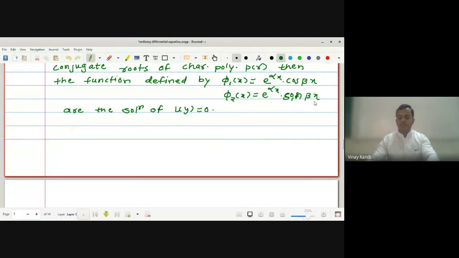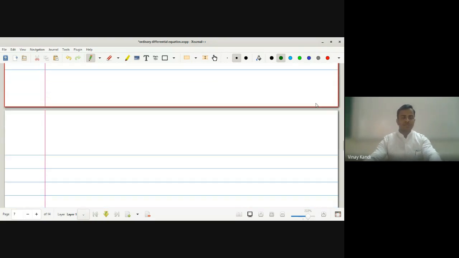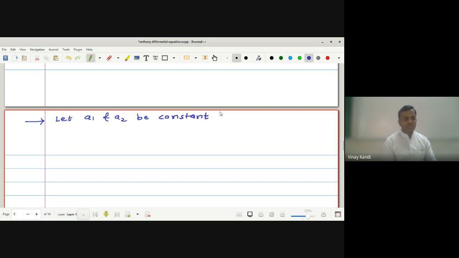Okay, now let's see the proof. Proof. Let a1 and a2 be constants, and L of y is equal to y double dash plus a1 y dash plus a2 y, which is equal to 0.